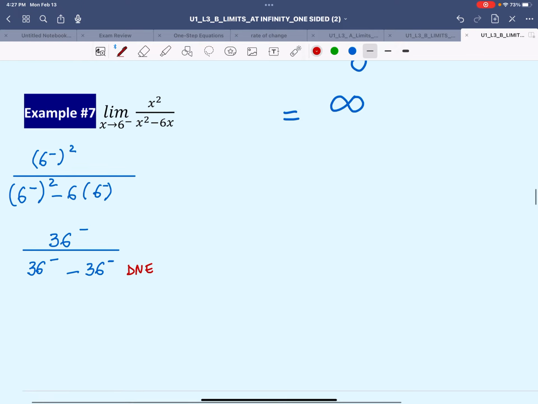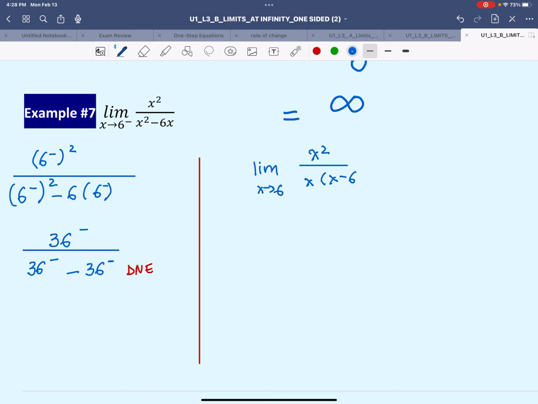And obviously we're going to try a different approach in here. So we'll start with the limit as x approaches 6 minus. We'll start by factoring, right? Just like we did in the previous example. So we are going to factor out x from the denominator, and then we have x minus 6.